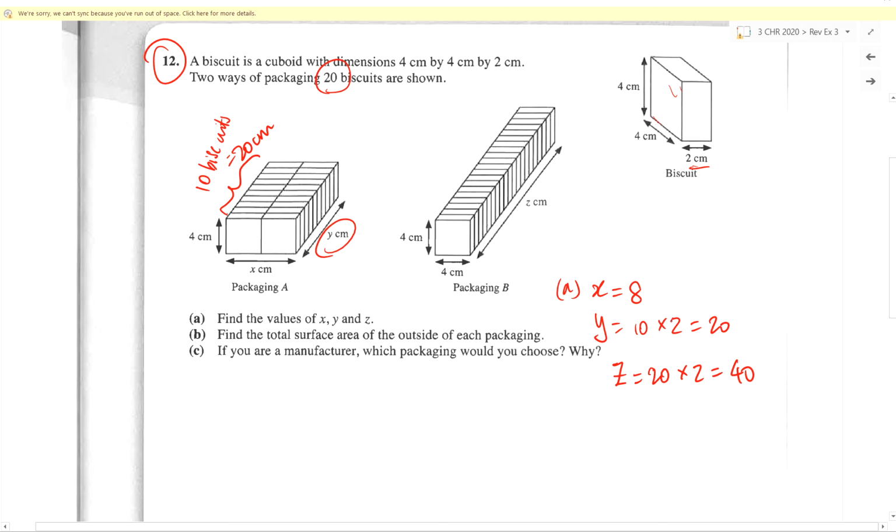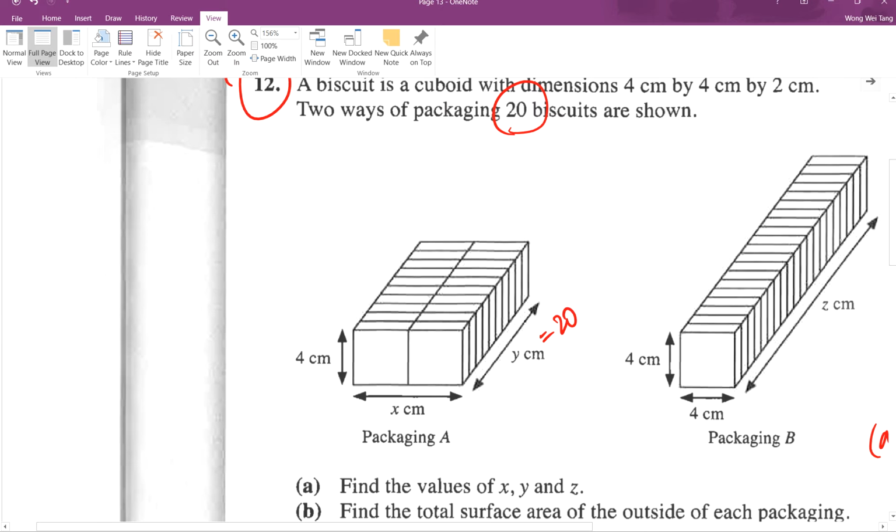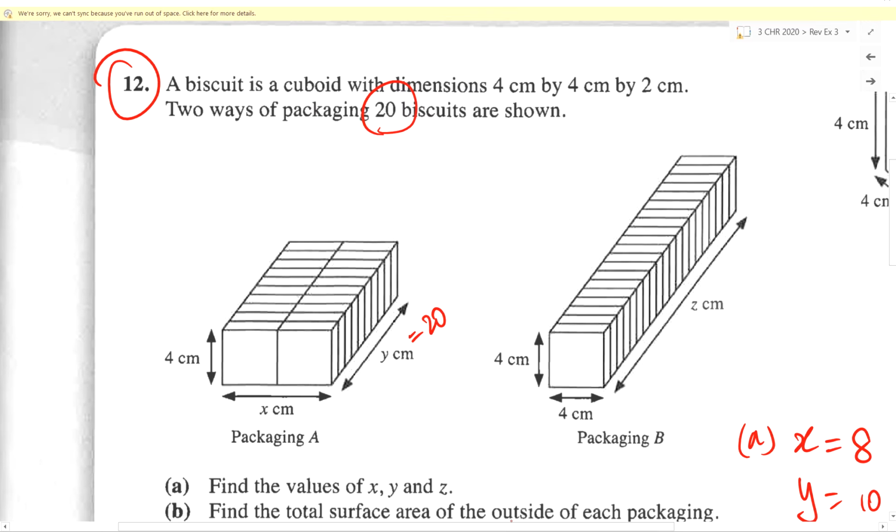Now part B. Find the total surface area of the outside of each packaging. Let us start with packaging A. To find the total surface area, always start by shading the cross-sectional area.